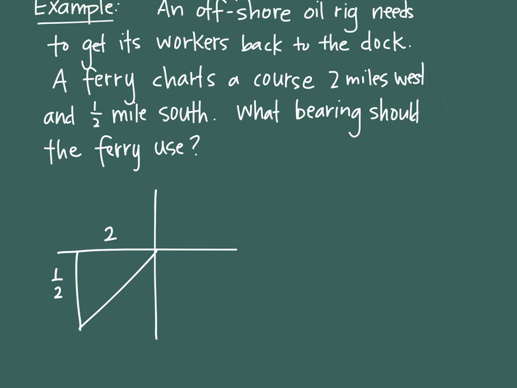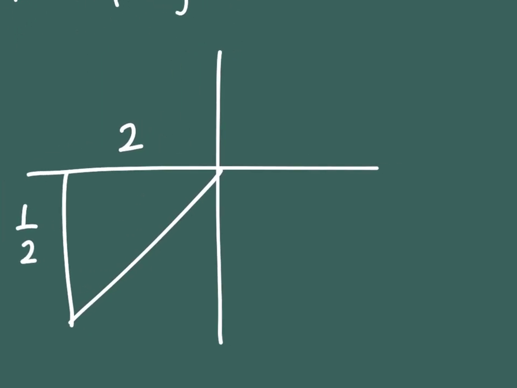Where do I put the theta? Where do we always put the theta? By the origin. So theta is going to be here. Okay, so we're going to set this up. What's the best trig? Tangent again.